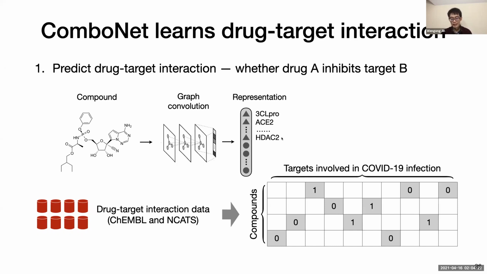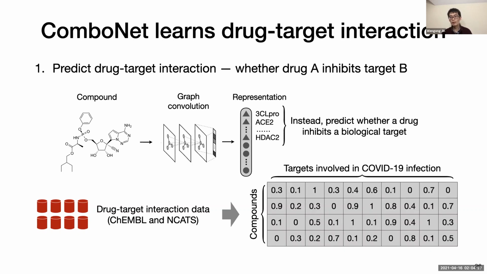Thank you. Okay, so ideally, if this matrix were complete, we could just directly plug it into the model as additional features. But because the matrix is too sparse, as it is collected from different sources, in order to fully utilize this information we need to learn to complete this matrix by training the model to predict whether a drug inhibits a biological target.